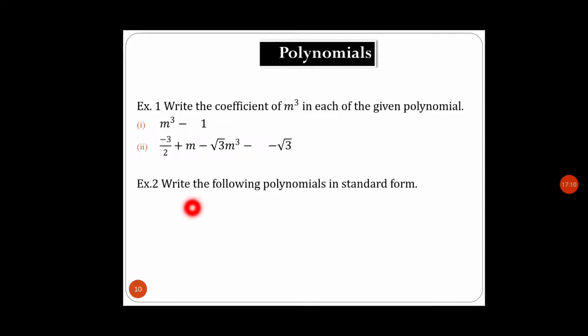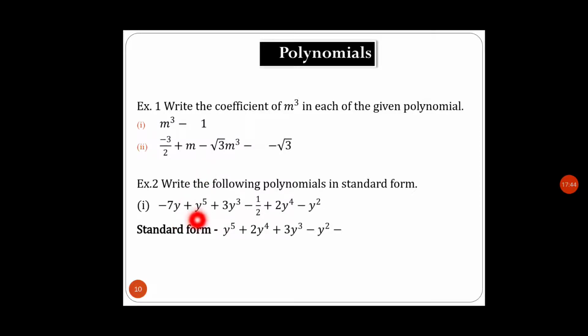The second example is: write the following polynomial in standard form. Minus 7y plus 5y square plus y raised to 5 plus 3y cube minus 1 by 2 plus 2y raised to 4 minus y square. Means to write the polynomial in standard form, we rearrange the polynomial in descending or ascending powers of the variable. Here, which is highest?